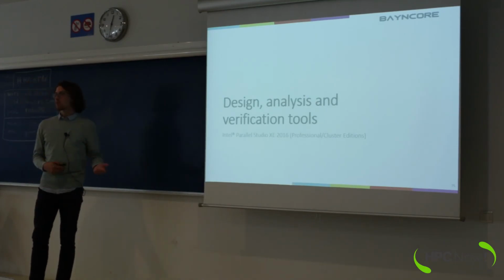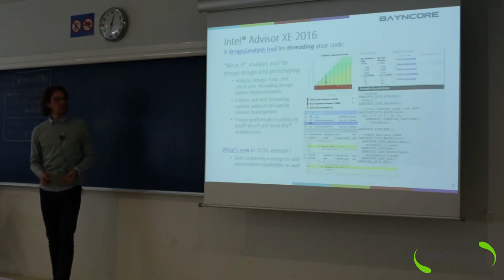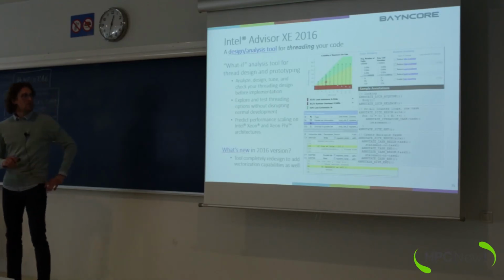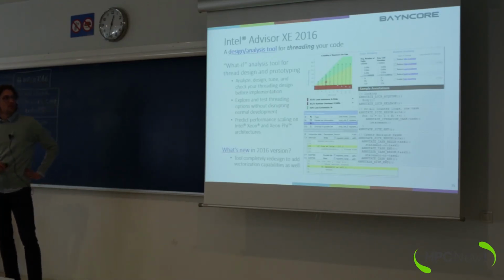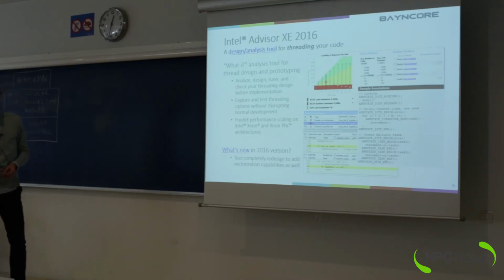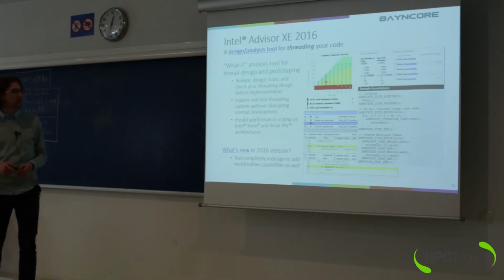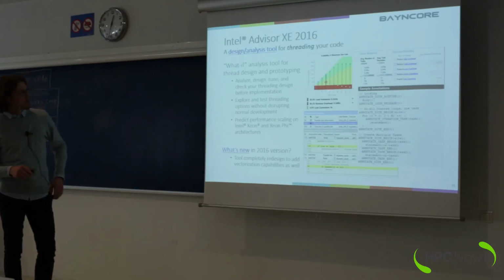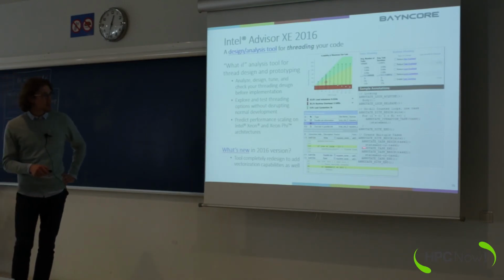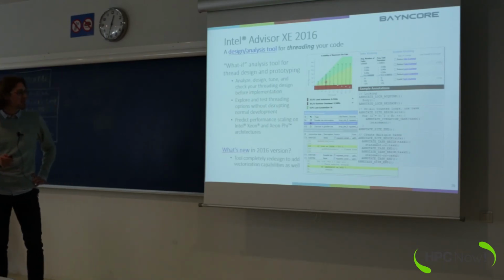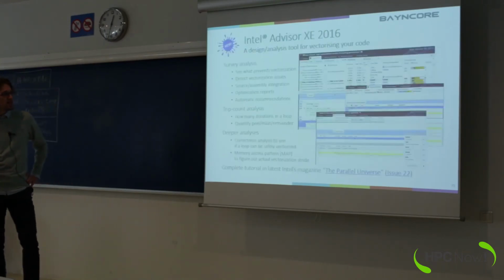Intel offers you a couple of tools, now available for free for everybody to try. For example, the Advisor, which gives you an analysis of what your code is doing, where it can perform better, and how many threads are running. For example, here we have a CPU count depending on the scalability of the application. You get information on your source code as well as the assembly for it, and a lot of extra features.